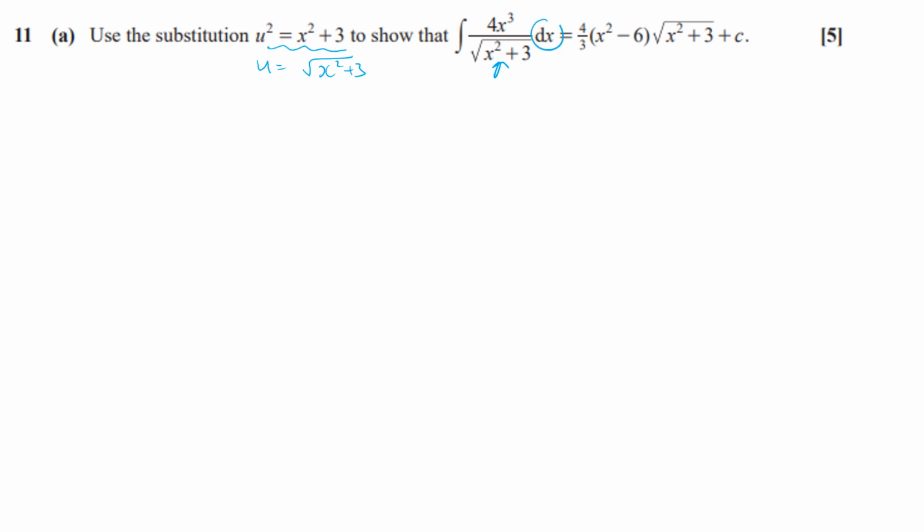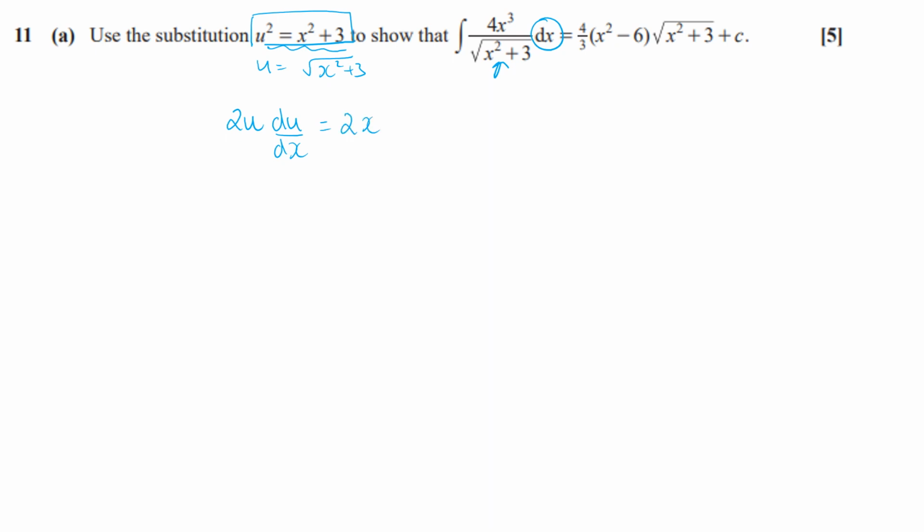In order to get dx on the go, I need to differentiate. Now u in the substitution is not given explicitly, so I'm going to have to use implicit differentiation. So that is differentiating with respect to u, but because it wasn't x, we then have to write du by dx is equal to differentiating on the right 2x.